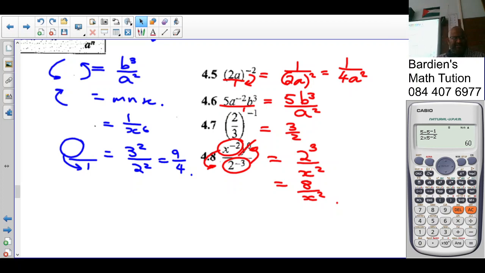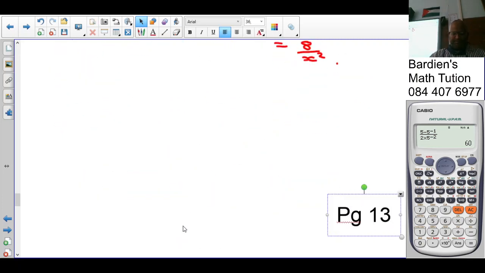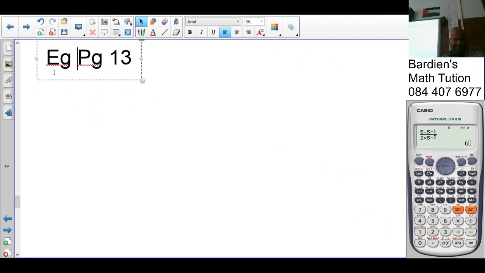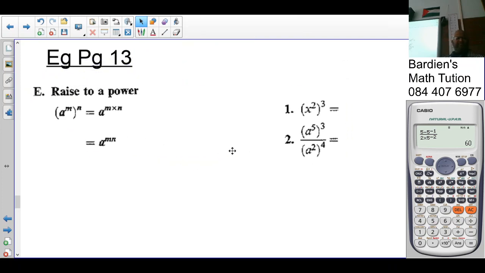This one, the Unit E on page 13, E and F. Okay, write that down.